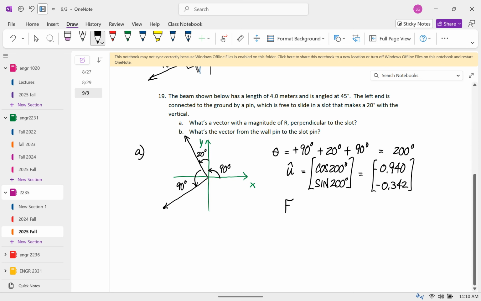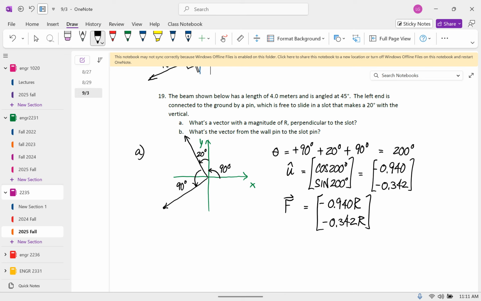So the force vector is negative 0.940 times r, negative 0.342 times r. If instead I had taken the other perpendicular to the slot, it would have been going this way, 90 degrees from the slot this way.